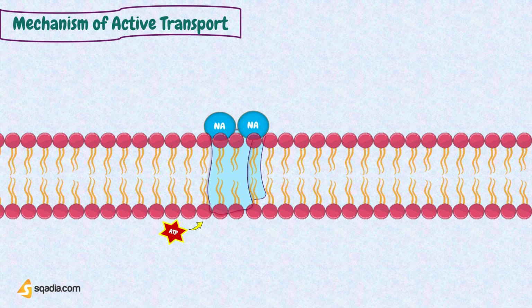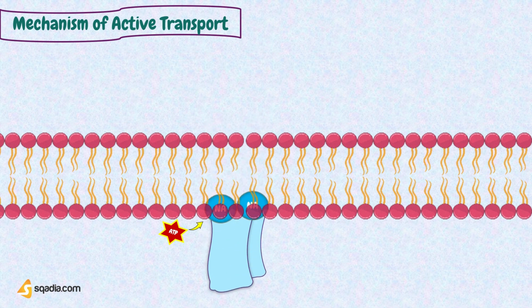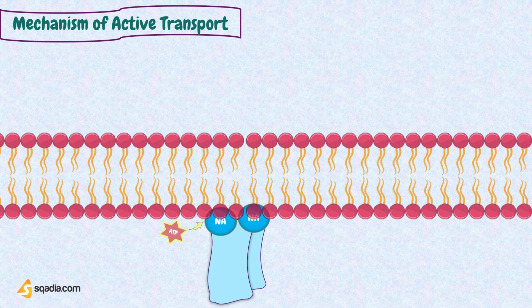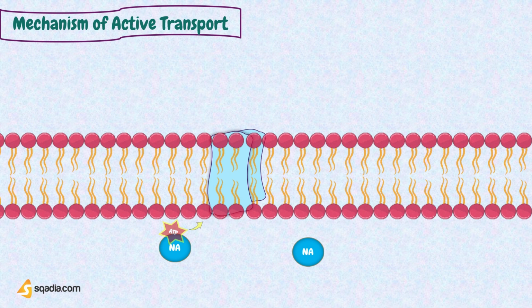This complex moves towards the inner surface of the cell membrane. Now, the substance is released from the carrier protein. The same carrier protein moves back to the outer surface of the cell membrane to transport another molecule of the substance. Much like a button that gets pushed and then reverts to its original position after some time.